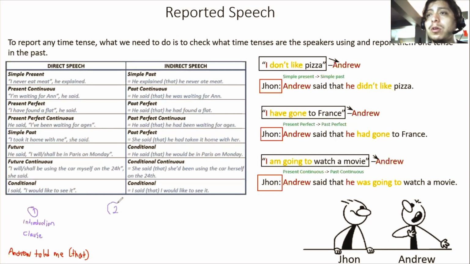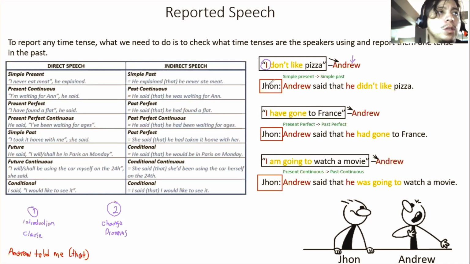Number two, you need to make sure that you change the pronouns, because the important thing is that the message continues to be the same, not that the words continue to be the same. For example, we have I don't like pizza. When Andrew says I, Andrew is referring to Andrew.